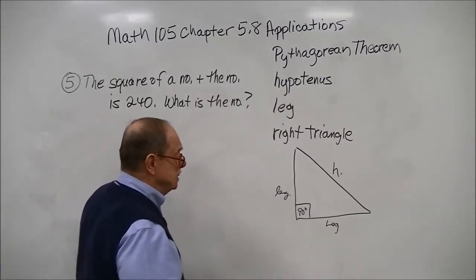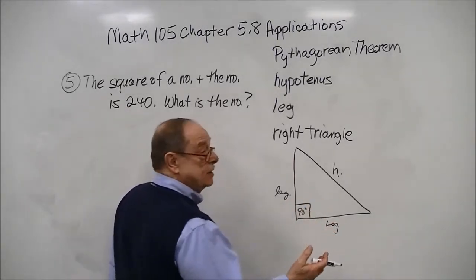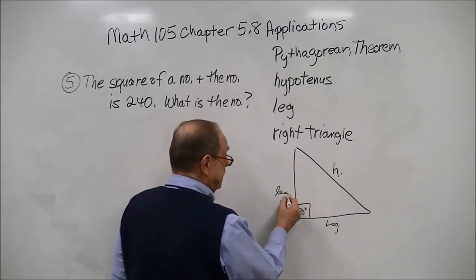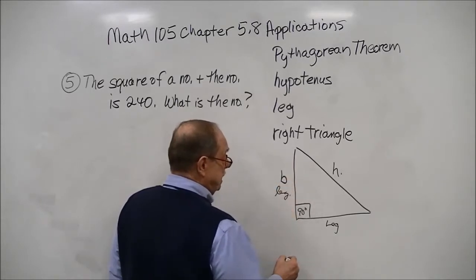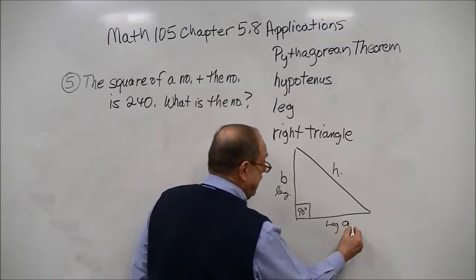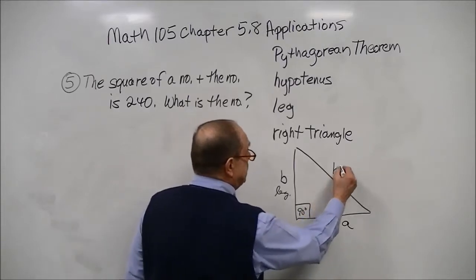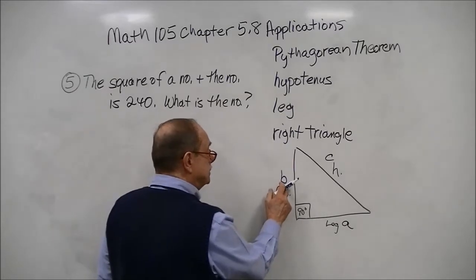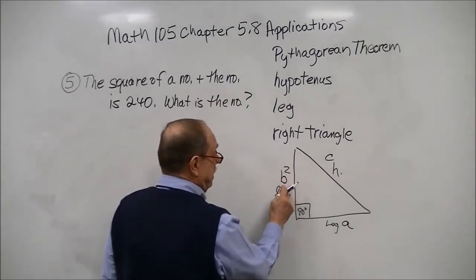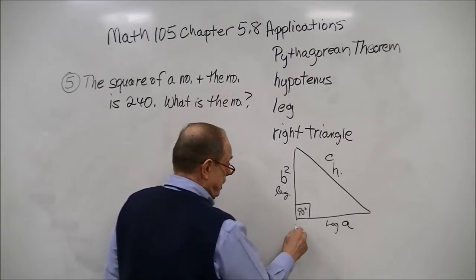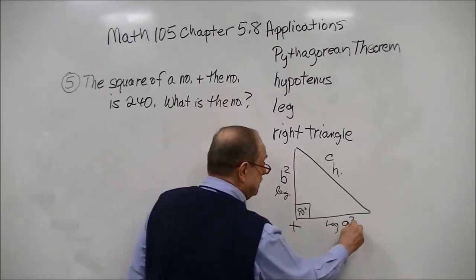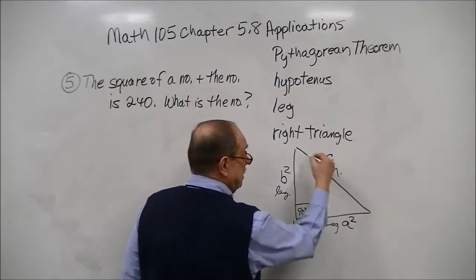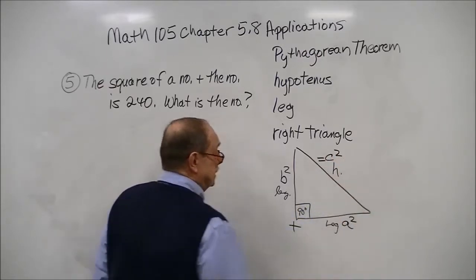And he developed, and you wonder how they do this sometime, that if you designated this leg as, let's say, B, and this leg as the letter A, and the hypotenuse as the letter C, that if you take the square of this leg plus the square of this leg, it would equal the square of the hypotenuse.